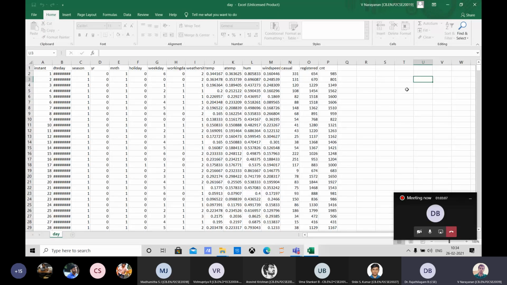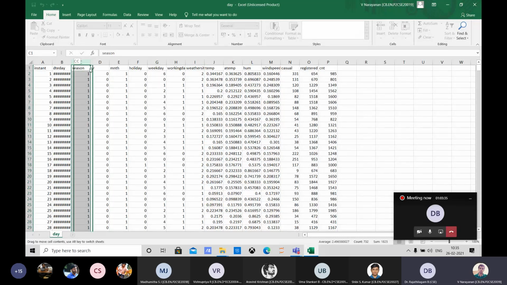Out of all the variables here, you just need to take the weather condition variable, maybe the ith column. You can also take the season column if it will be useful.